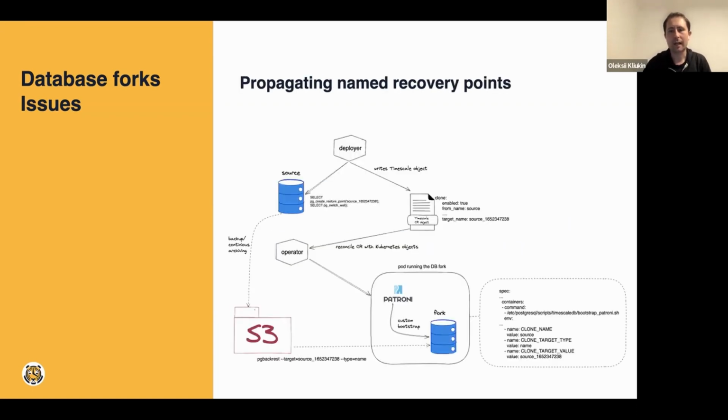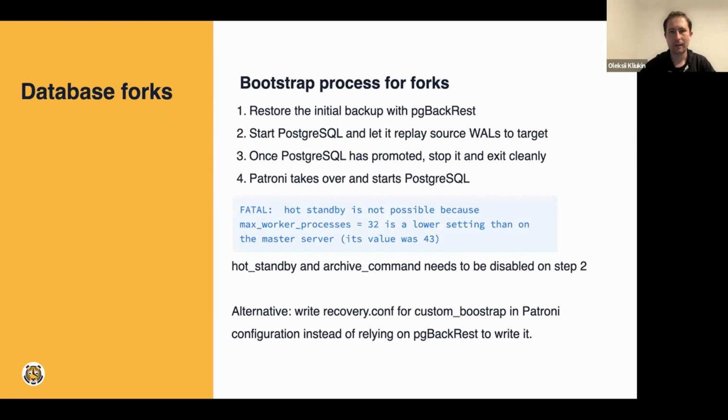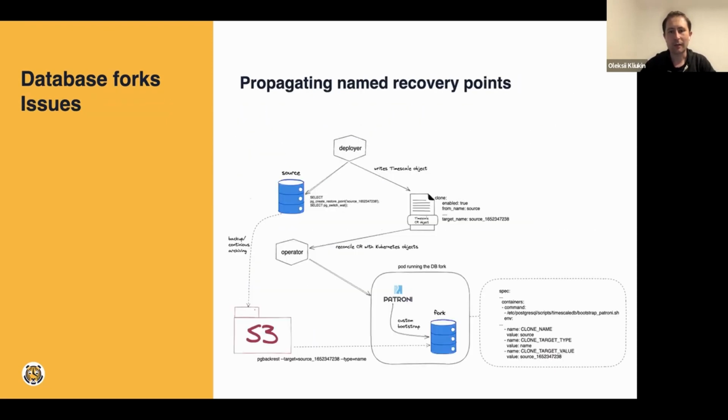So the recovery point and recovery target is propagated from the deployer to the target pod, basically using the custom resource definition. When the deployer initializes the fork, it connects to the source instance, and then it runs those commands to create a restore point and switch WAL, and then it memorizes the name of the restore point and writes it into the custom resource.